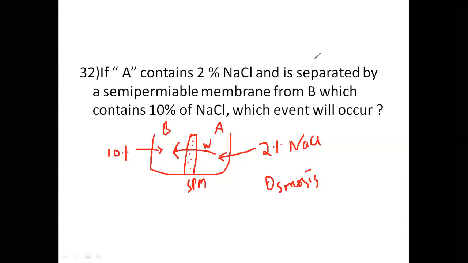This is for barium chloride. For NaCl, 0.1 into 2, this is 0.2. This is for NaCl. And this one, 0.01 into 1 only, 0.01 for glucose.